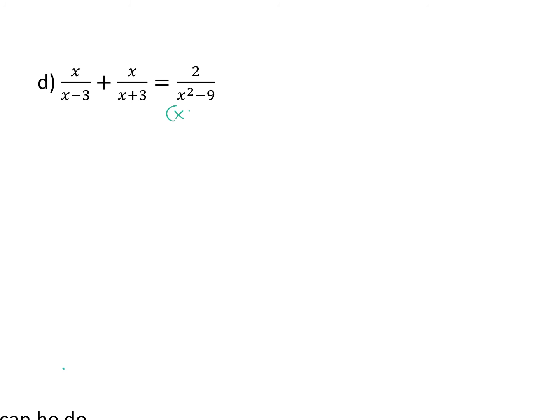Right, this is going to be x plus 3 times x minus 3. So ditch this, treat it like that. Now what? What's your LCD? Your least common denominator.